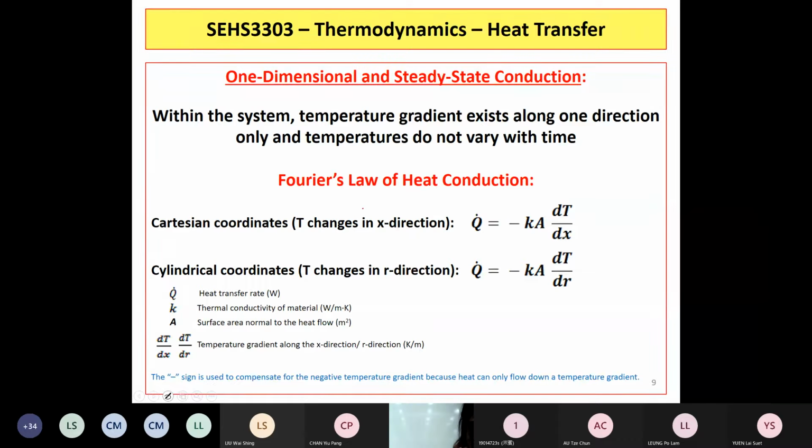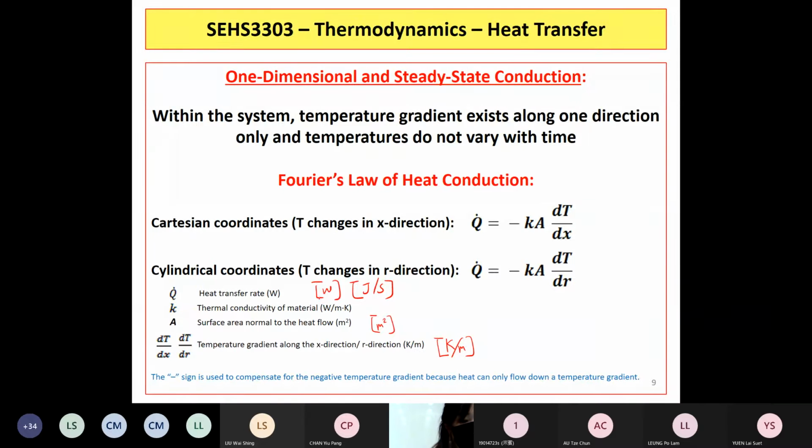For heat rate, I have already told you, we will use watt as its unit. That should be joule per second, right? And the area unit should be meter squared. For the temperature gradient, it should be, right, K per meter.